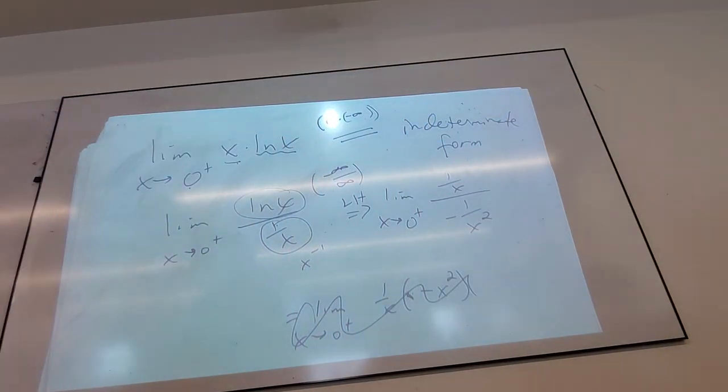It's not the end of the world, but that's what this is all built on. If you realize that it is dependent on who's getting to where they're going faster, that's what's going to determine the answer. L'Hopital's rule makes nothing but sense, because what does the derivative tell me? How quickly something is changing, how quickly it's getting somewhere, yes? So that's why L'Hopital's rule just makes immediate sense. Hopefully.